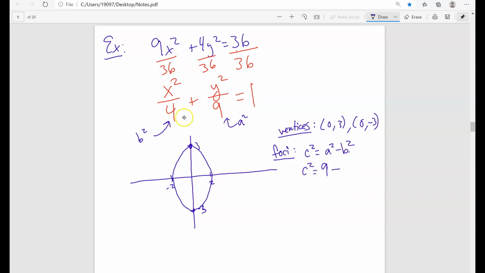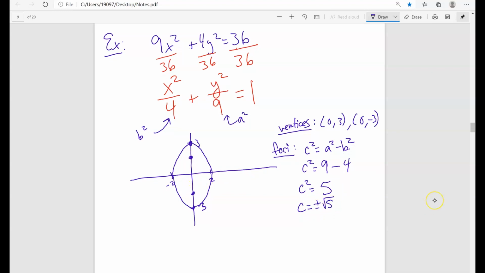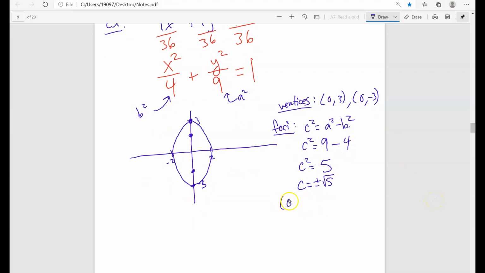This now is 2, squared that's 4. So 9 minus 4 is 5. So c gives me plus or minus square root of 5. So those points are going to correspond with 0, square root of 5 and 0, negative square root of 5.